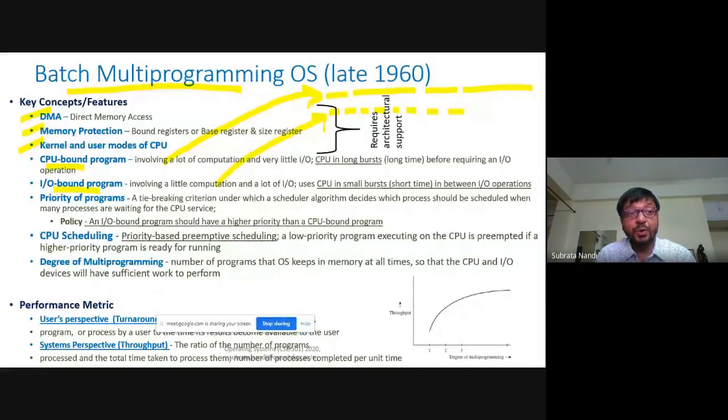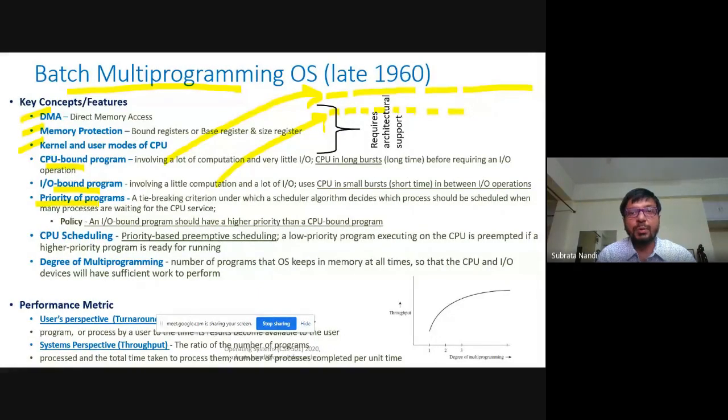Okay, so this is a policy matter, and you have to decide whom to allocate. To do that, there is a concept of priority. So programs are now given some priorities. What is a priority? It's a non-zero integer value. Maybe the higher the value, the higher the priority, or maybe it's the reverse. So a priority value is assigned to a program.